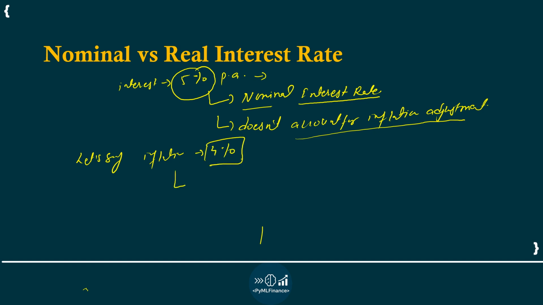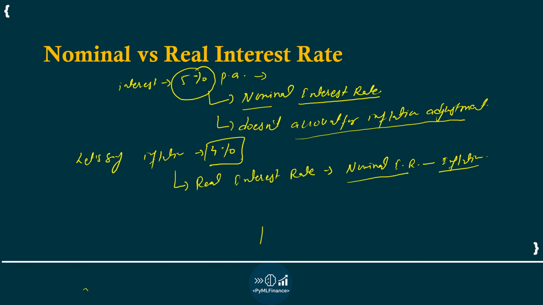In this case, the real interest rate is calculated as the nominal interest rate minus the inflation for the year. Whatever the inflation was in that year will be subtracted.